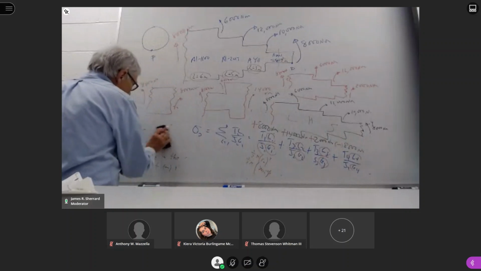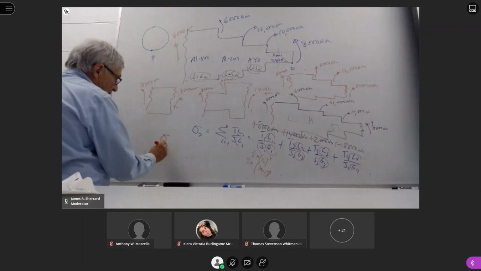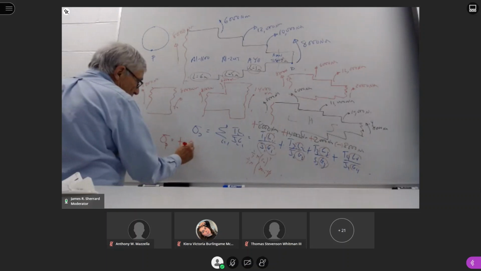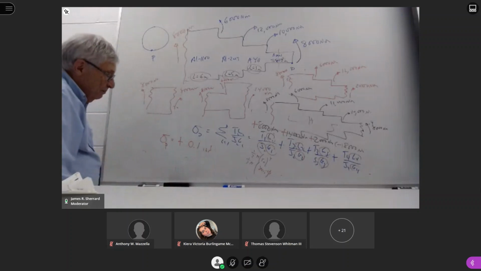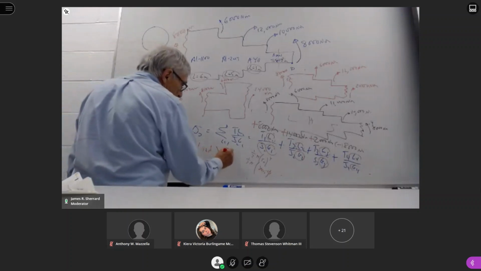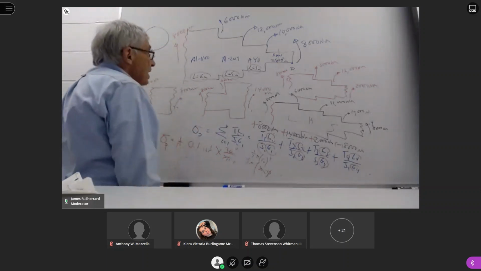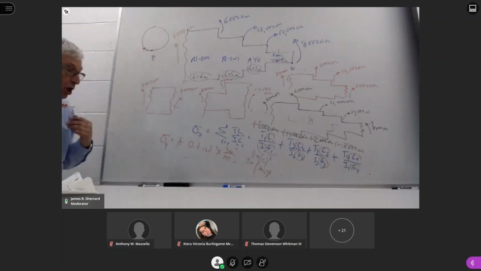If the final answer comes out to be, for P, plus 0.1 radian, I would multiply that times my 360 degrees divided by 2 pi radians. Since this is positive, I know that my point P has to move clockwise due to the sign convention that I came up with. Any questions on that?